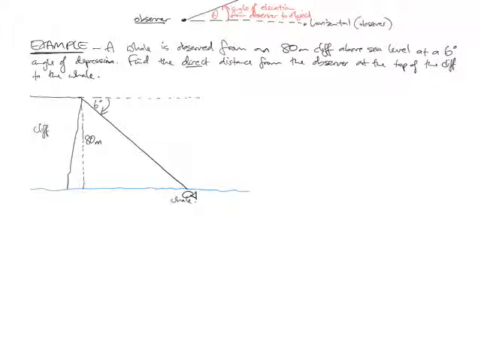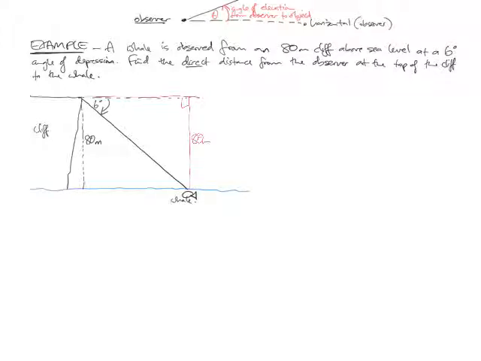So if I use this triangle here, I can't use this 6 degrees straight away. I need to work out what angle this is, which would be 90 degrees take away 6. But I want to work smart, and I notice that there's another right angle triangle here that involves the angle that I already know. If I was to draw this triangle, this side would also be 80 meters.